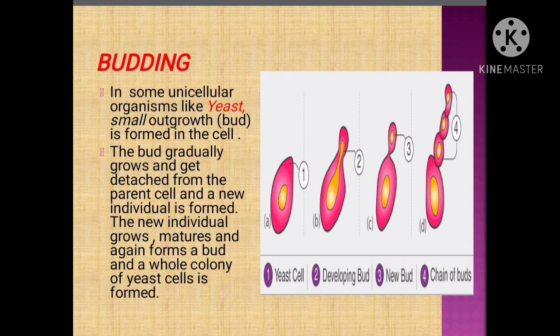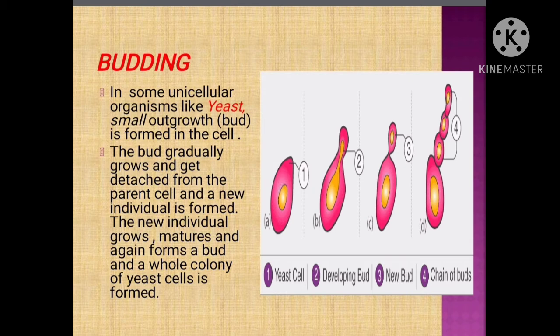One of them enters the bud. The bud grows and eventually gets detached from the parent cell to form a new cell. The process continues and a large number of yeast cells are produced in a short time. If the supply of nutrition is enough, bud formation occurs rapidly to form a chain of yeast cells.